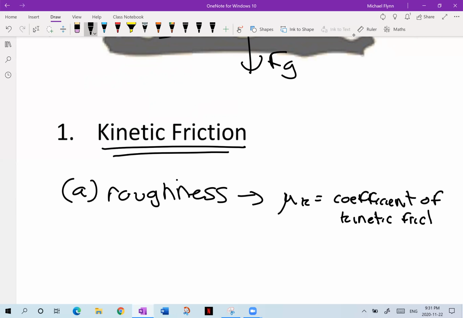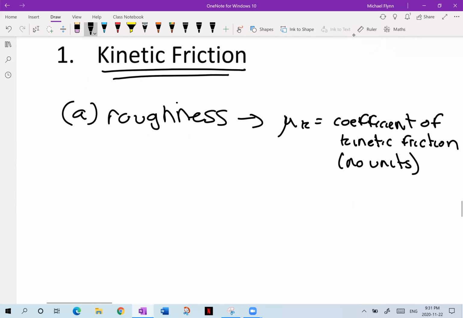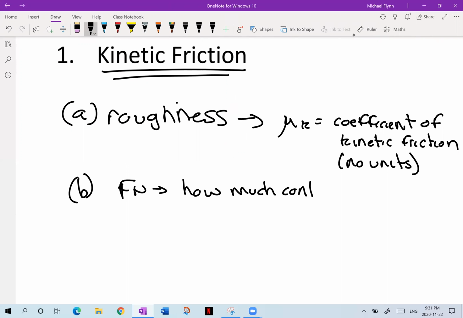And it's a measure of how, relatively speaking, rough the two surfaces are. It has no units. That's why we call it a coefficient. Coefficients have no units. Now, the other thing that friction depends on is the normal force. How much contact between the surfaces?